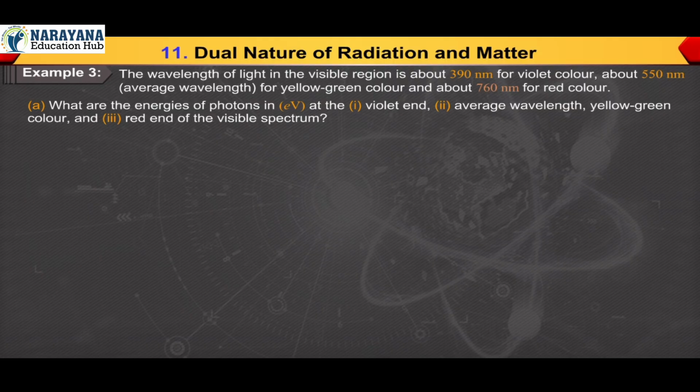Violet end, 2. Average wavelength yellow-green color, and 3. Red end of the visible spectrum. Take h is equal to 6.63 into 10 raised to minus 34 joule second and 1 electron volt is equal to 1.6 into 10 raised to minus 19 joule.